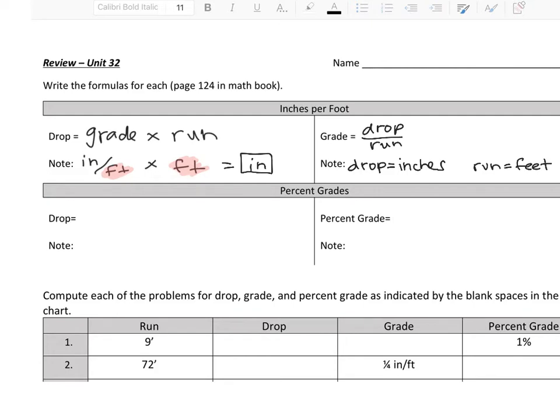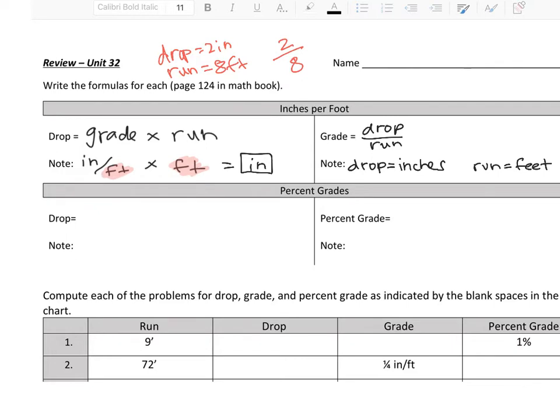So just to show you a quick example, I'm going to go to the top of the page. Let's say that my drop was 2 inches and my run was 8 feet. If I was to calculate this grade, I would literally, in my calculator, just type 2 divide 8.